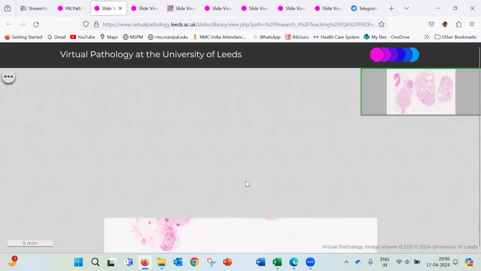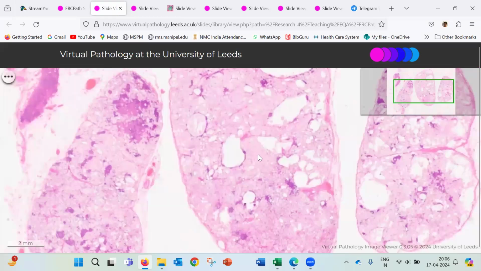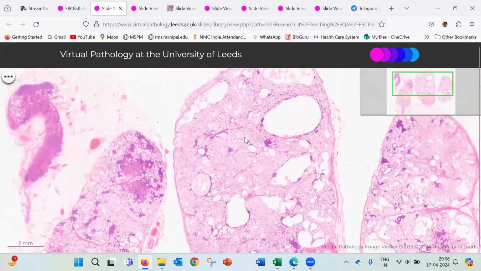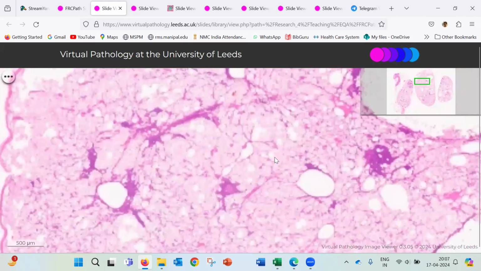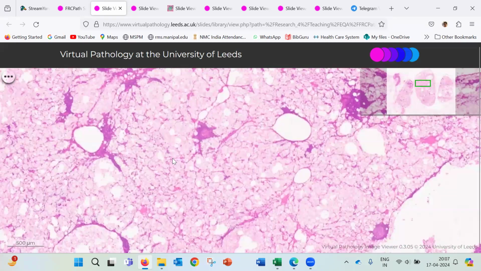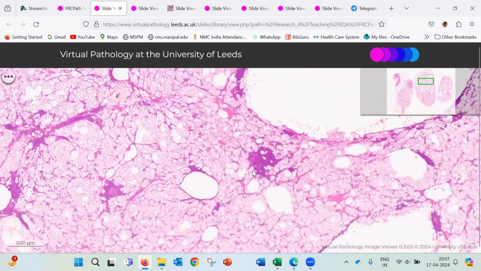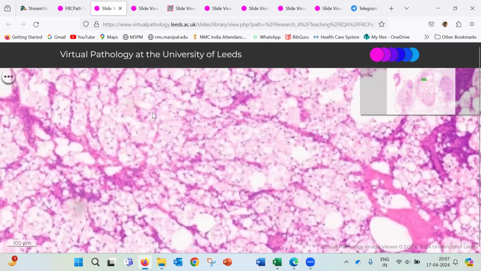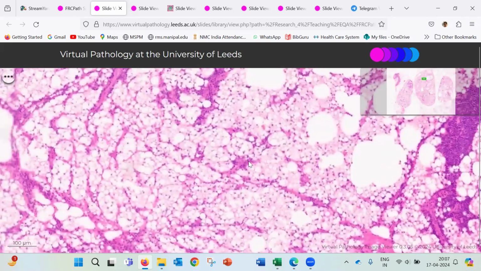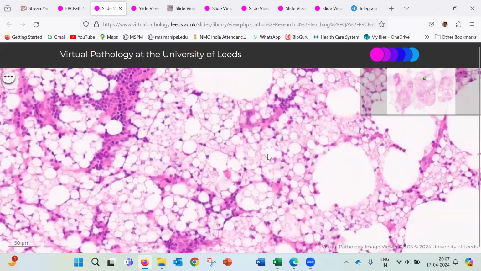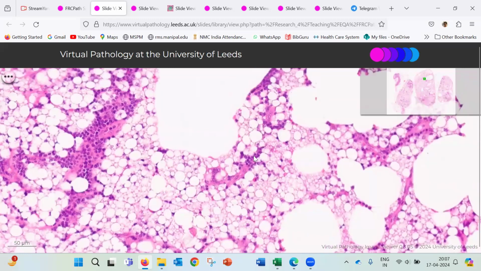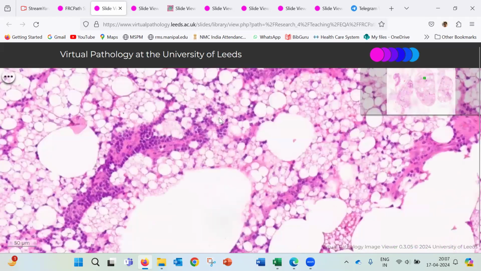So once we go to the higher magnification, we can see that the lymphoid element has been replaced with this kind of foamy cell, replacing the lymphoid follicles which are quite compressed, and the foamy macrophages have multivacuolated cytoplasm. So these are actually silicone lymphadenopathy.